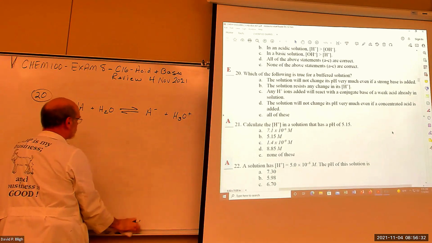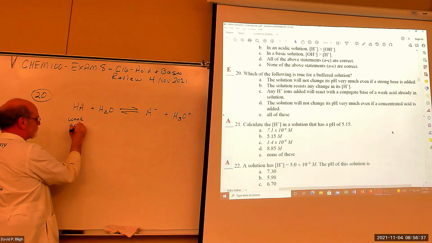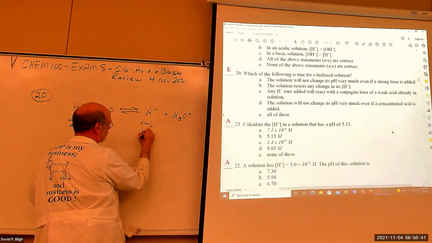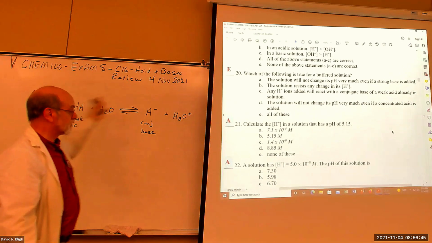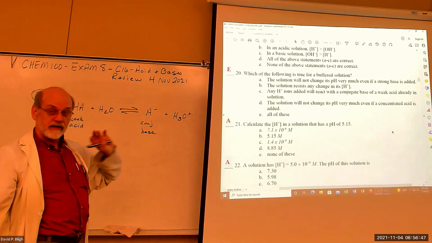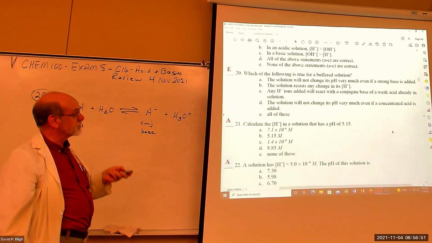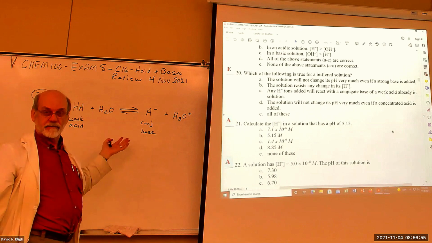Okay, so here's the weak acid, and here's the conjugate base. So these are in solution together, right? They're all in the mix. So if you add hydrogen ions here, what's it going to react with?